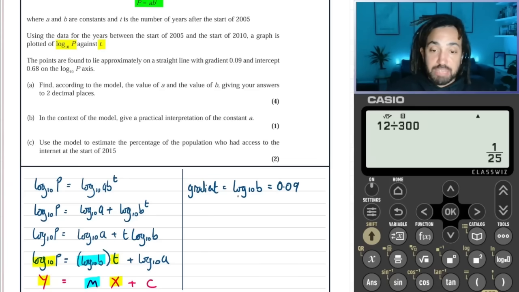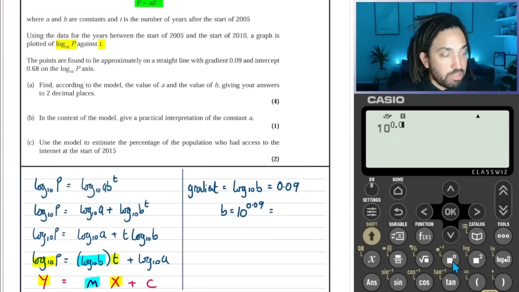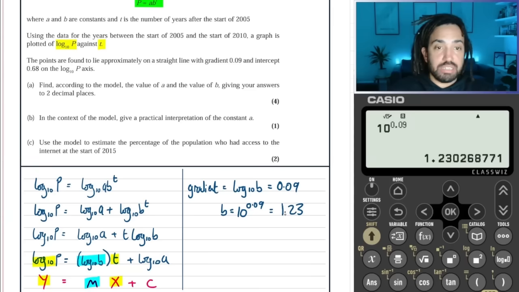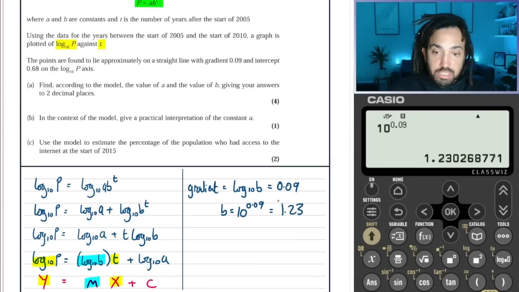Now, writing this as a power equation rather than log one, the base is 10, the power will be 0.09, and that will equal b. So we can do 10 to the power of 0.09, and that gives us 1.23. What does it say? To 2 decimal places? Perfect. So we can box that up as a final answer.